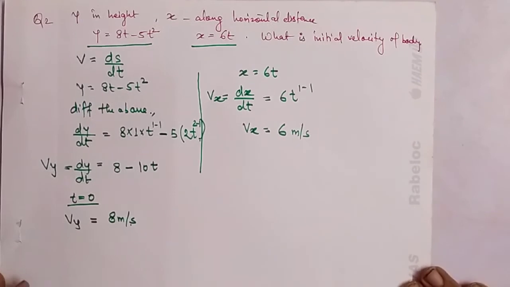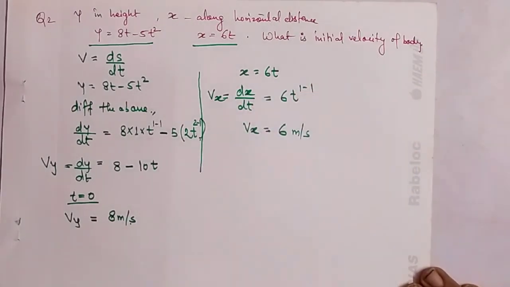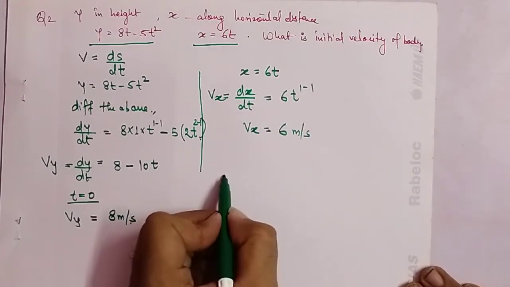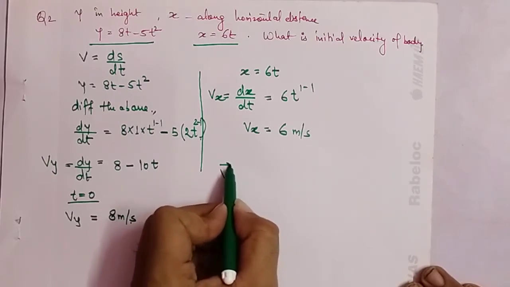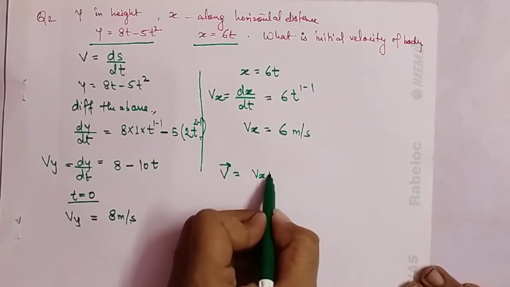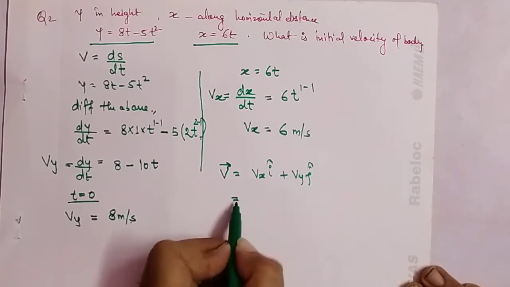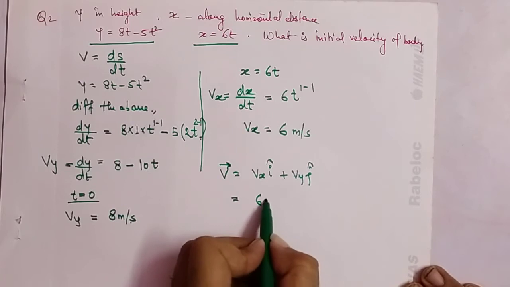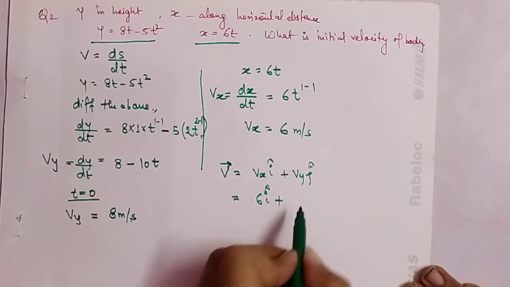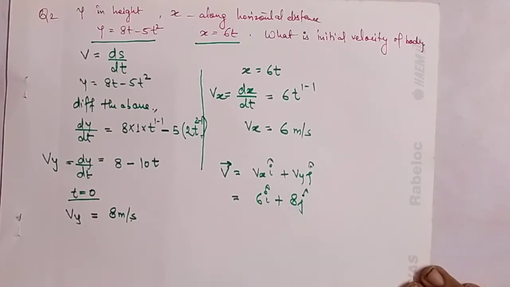All right, so if you want to write the velocity in both the components form, so that will be v, that is Vx i cap plus Vy j cap. So as a combination I can write it as 6 i cap plus 8 j cap.